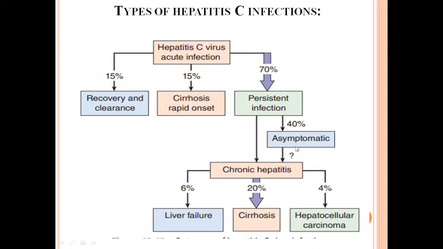Persistent infection may be asymptomatic, and persistent infection may lead to chronic hepatitis. Chronic hepatitis is characterized by liver failure, cirrhosis, disruption of liver, and hepatocellular carcinoma.